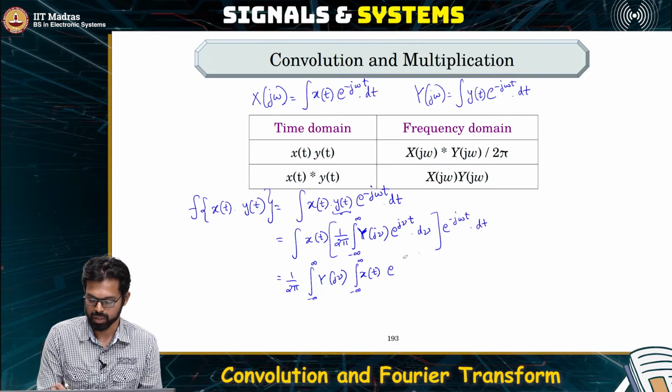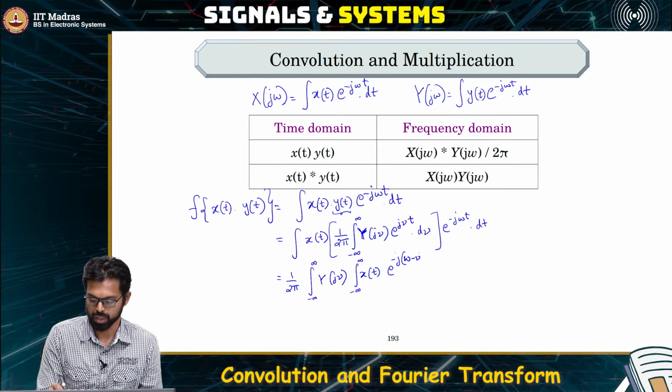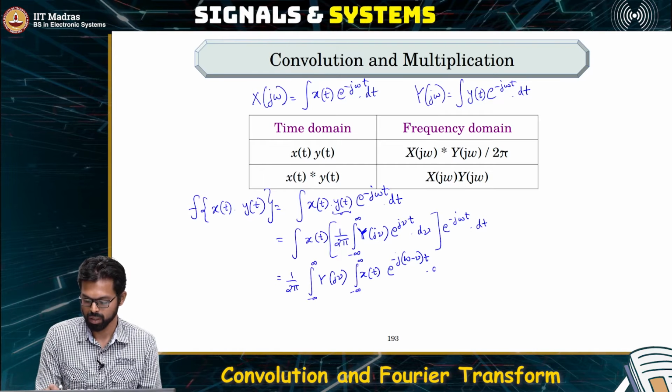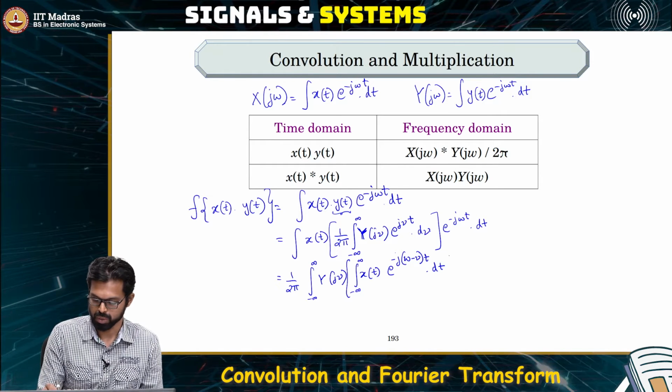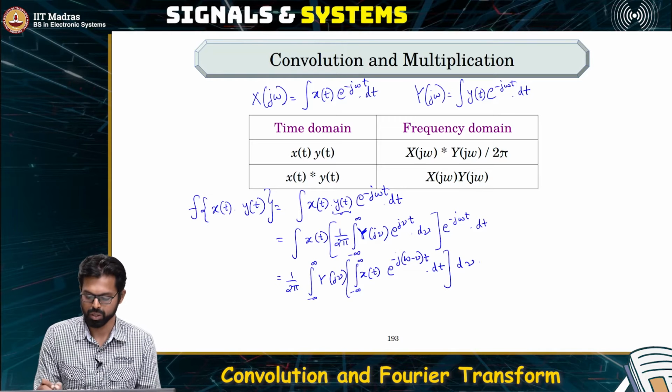So we'll rewrite this as minus j omega minus nu t dt. Once we change the order of integration, this is what we do first, and then there is a d nu.